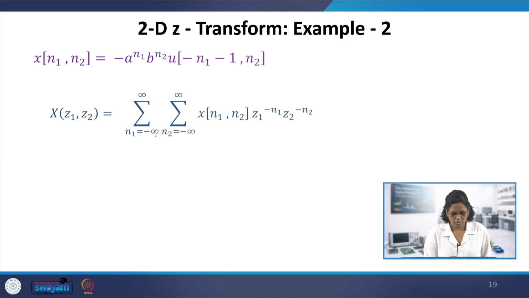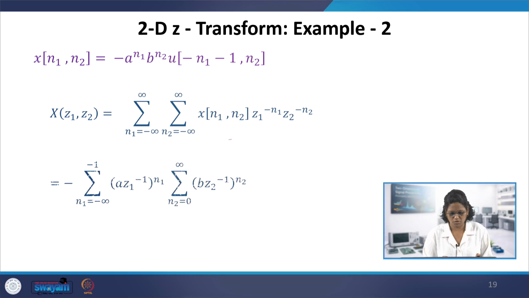Taking the summation, because the sequence exists from minus infinity to minus 1 for n1 and from 0 to plus infinity for n2, the first sum is a z1 power minus 1 to the n1, whereas n2 is from 0 to infinity, b z2 power minus 1 to the n2. This can be written like what we did before, with minus n1 equal to m, and simplified as we did in the 1D sequence.